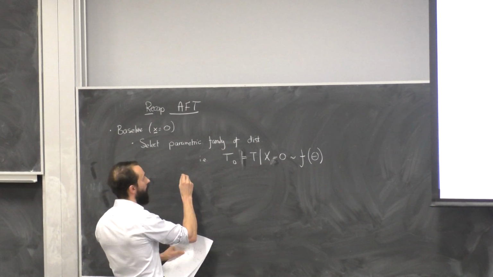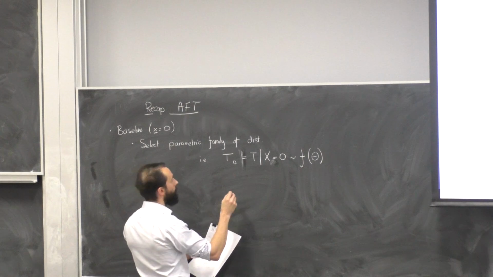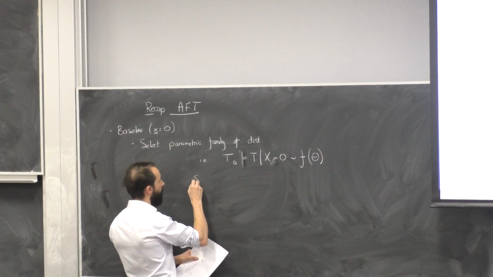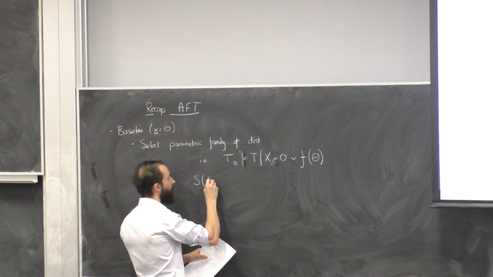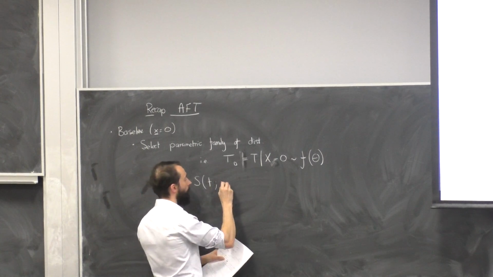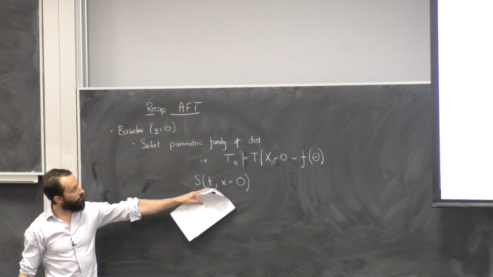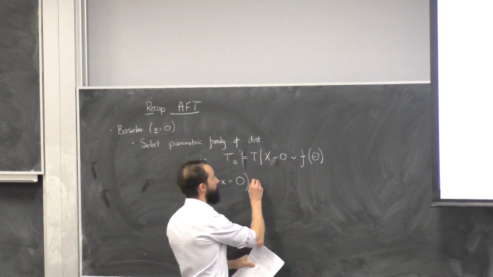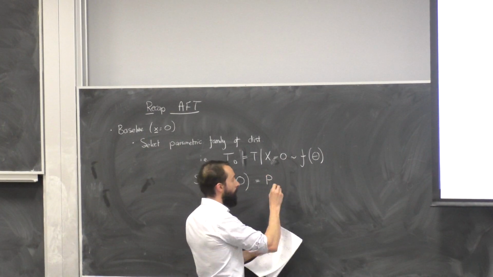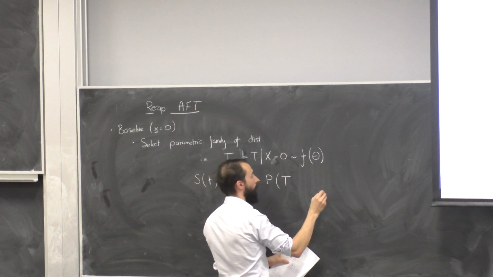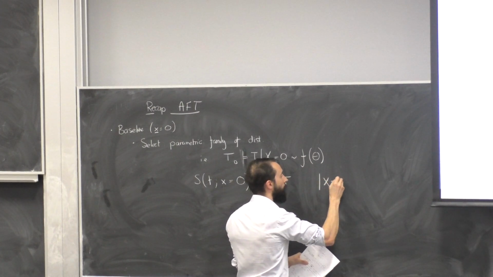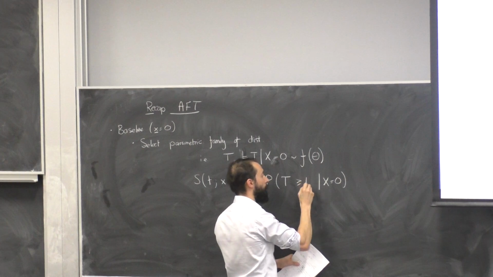Okay, and then for that individual, I'm going to be interested in working out S of t for x is equal to 0. So that's the probability that an individual with x is equal to 0 lasts longer than time t.